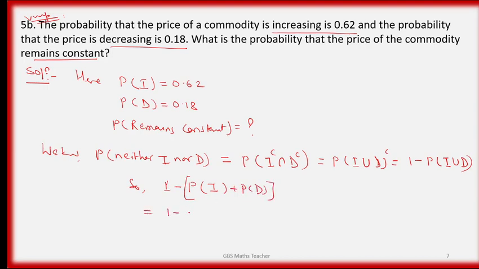Equals 1 minus (0.62 plus 0.18), 1 minus 0.8 equals 0.2. Neither I nor D is 0.2.